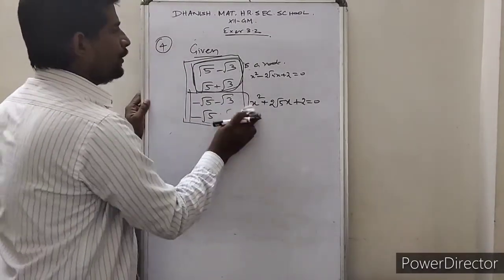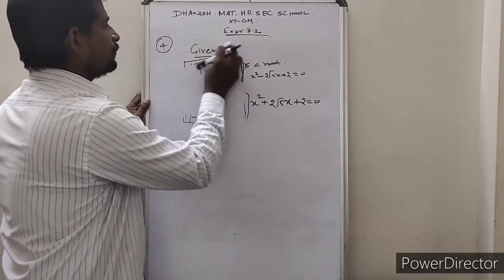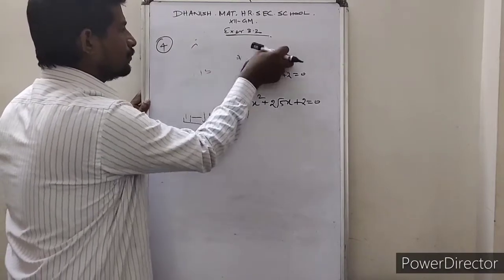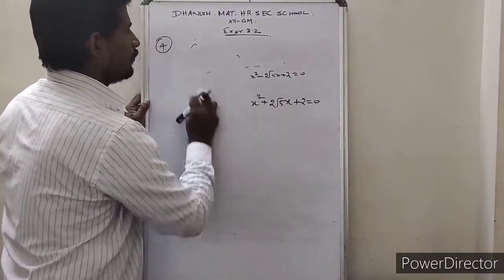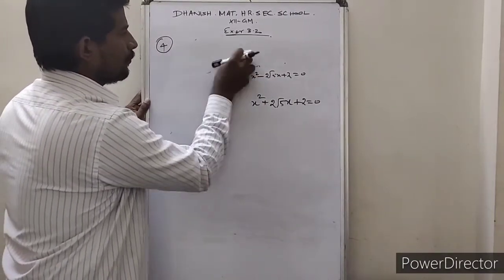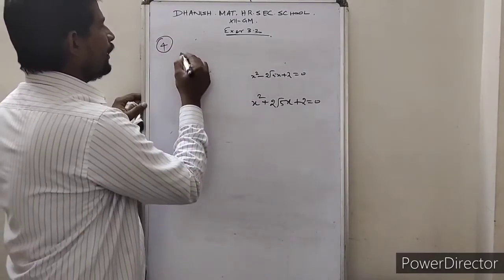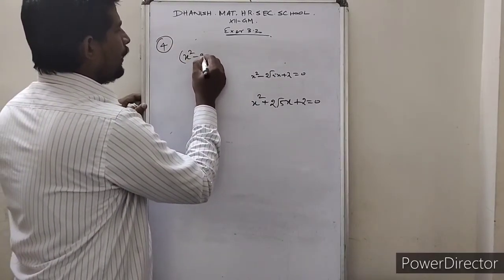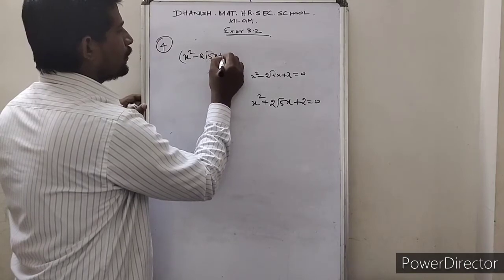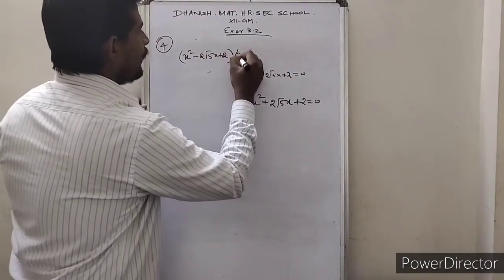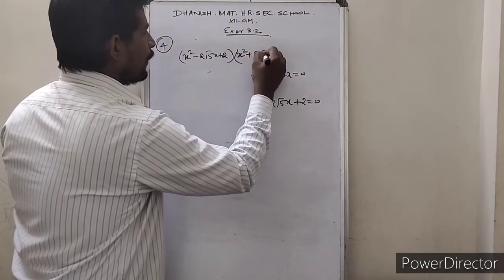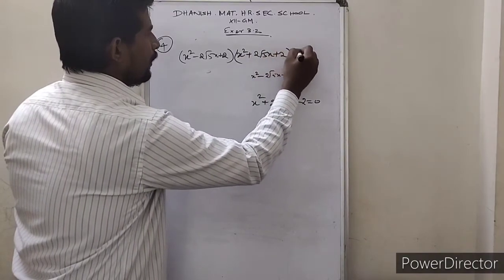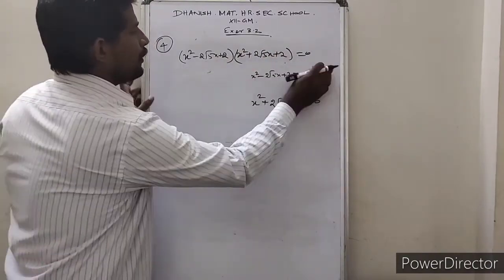Now, we are going to multiply these two equations. First, I am going to take x square minus 2 root 5x plus 2 into x square plus 2 root 5x plus 2 equal to 0. Now I am going to multiply these two.